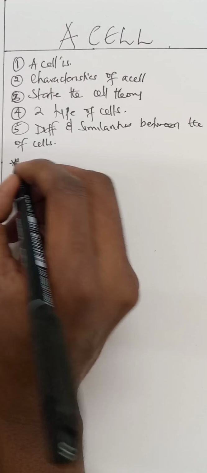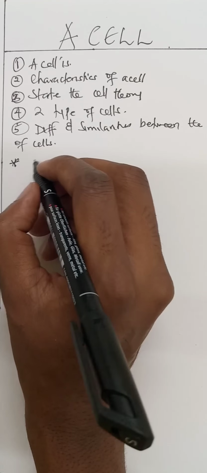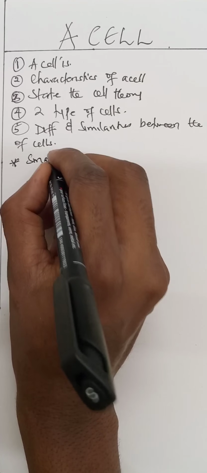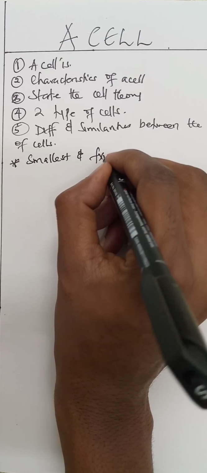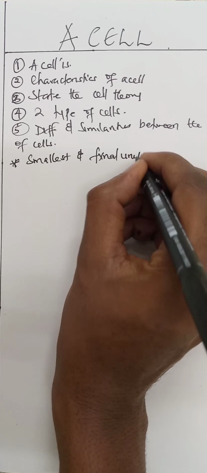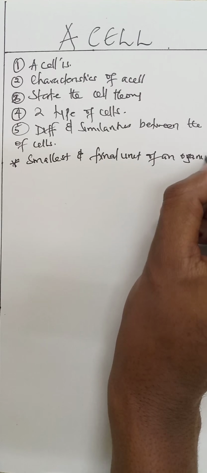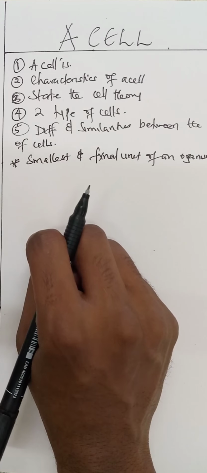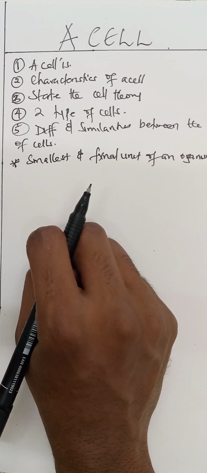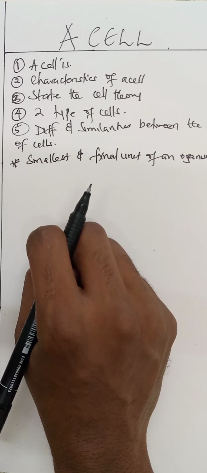a cell. When we talk about a cell, it is the smallest and functional unit of an organism. So for any organism to survive, it requires cells, because all biological functions occur within a cell.